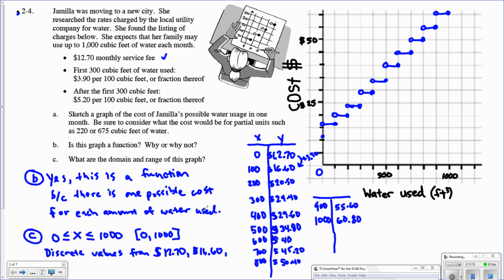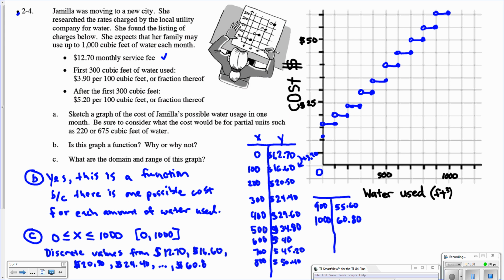They could end up paying $20.50. They could pay $24.40 and so on there. All the way up to, dot, dot, dot, comma, our last one there was $60.80.